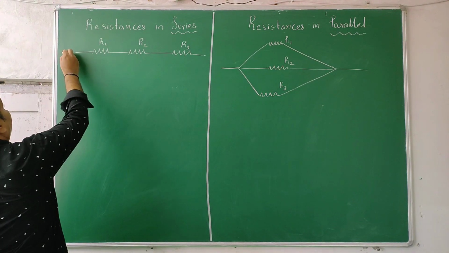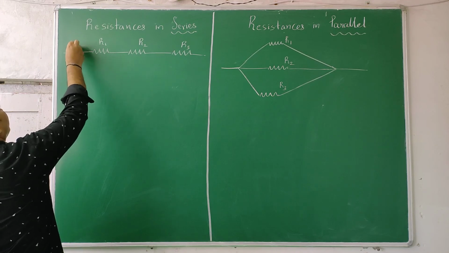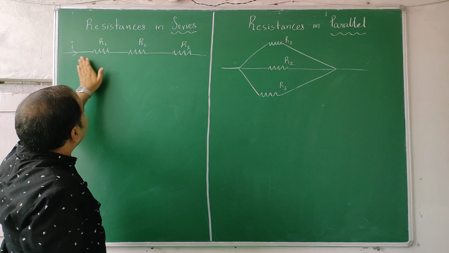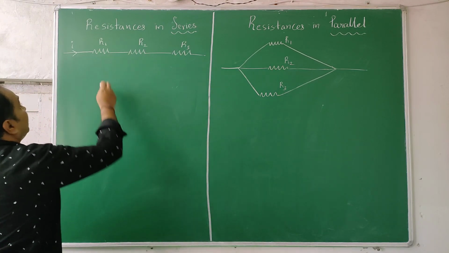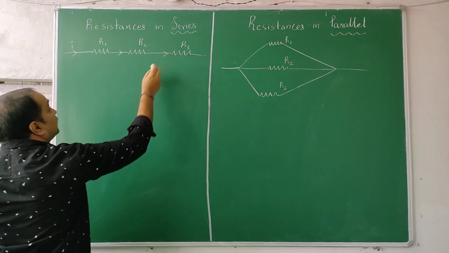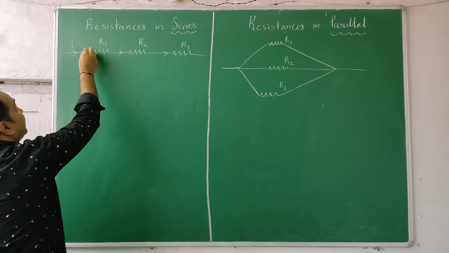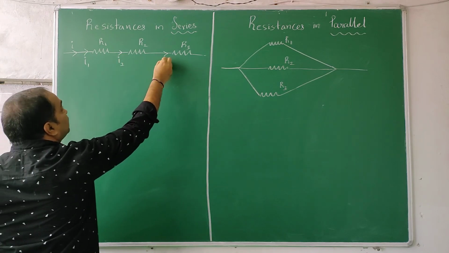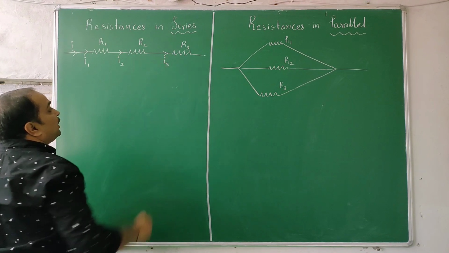So if a current I enters, current means charge flowing per unit time, entering into this resistance, the same current should enter into this resistance, and the same current enter into this resistance. For example, I call the current into this I1, current into this I2, current into this I3. All should be equal.